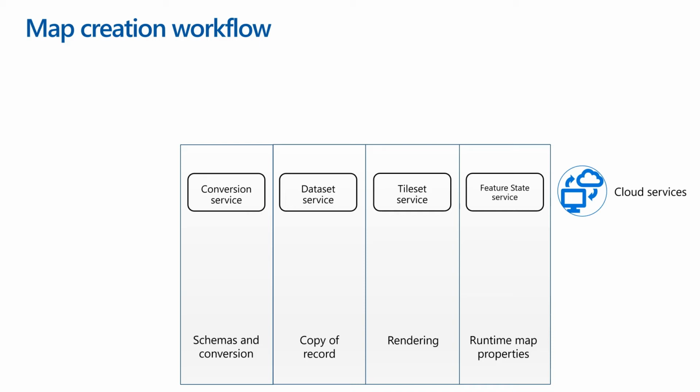Dataset service is your copy of record. That's where you can keep adding buildings, you can modify the building, you can bring additional data that was not built during the design phase. And Tileset is instead a service that is producing data products optimized for rendering.